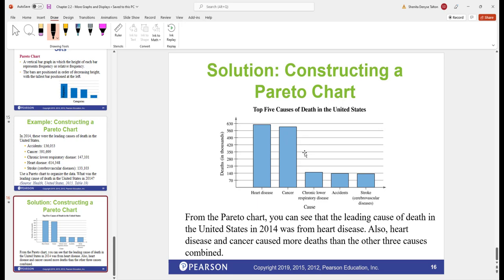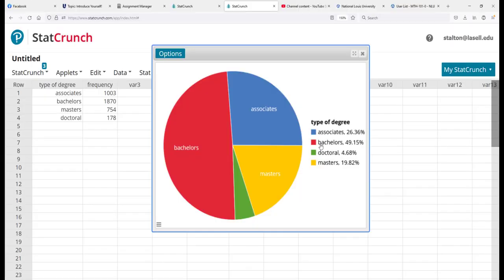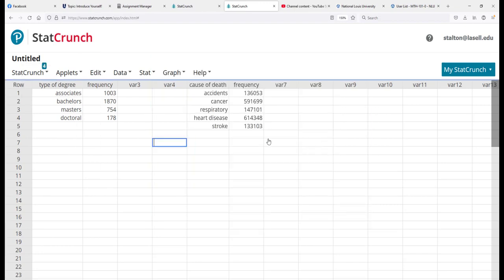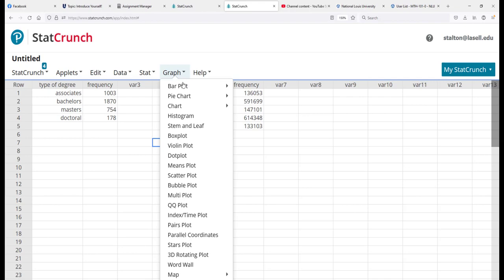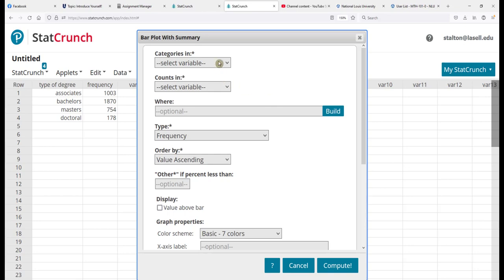So we can also do this in StatCrunch. I already have this data set up in StatCrunch. It's over here to the right, and you go to Graph, Bar Plot with Summary. The categories are the causes of death, and the frequency will be the one next to it.